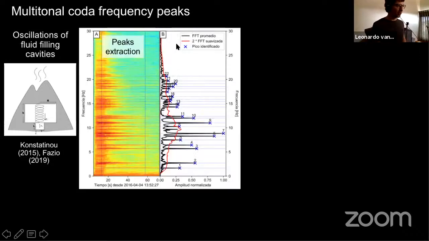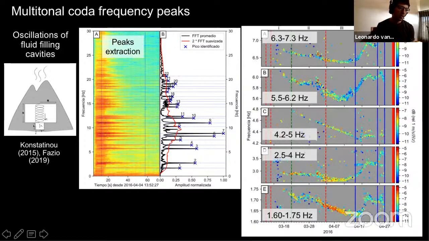So we extract the frequency peaks of these signals, and the results are very interesting. Here we have the variation of these frequencies in this time period, and what we see is that every single peak varies independently.